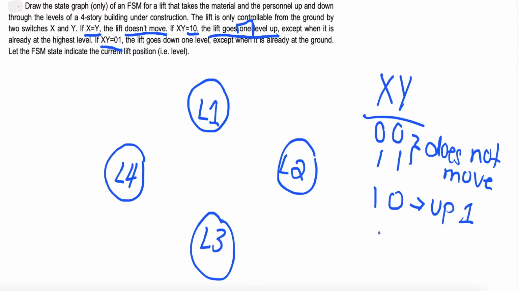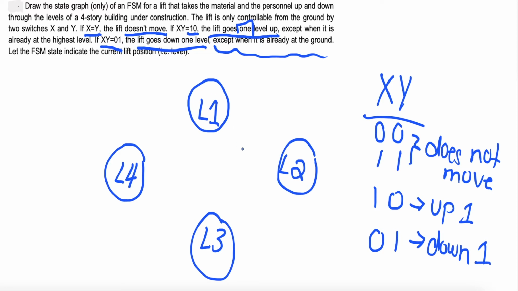So if X is 0 and Y is 1, the lift goes down one level. Right? Because it says here the lift goes down one level, except when it is already at the ground. Okay? So now we have all our options. We have 0, 0, 1, 1, 1, 0, 0, 1.